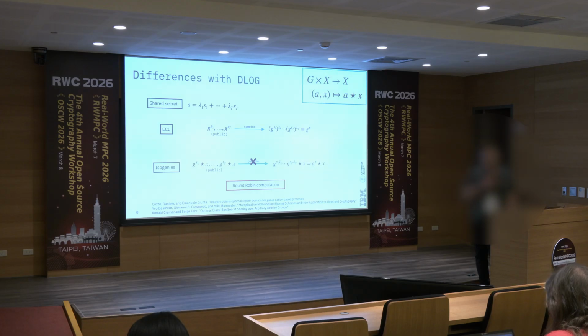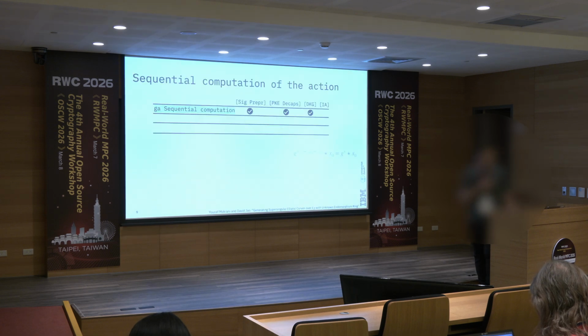However, coming back to what we are working on now, if we are in this framework, applying an action means that we have to perform some sequential operation. This operation needs to be performed during the decapsulation or the signature preprocessing.